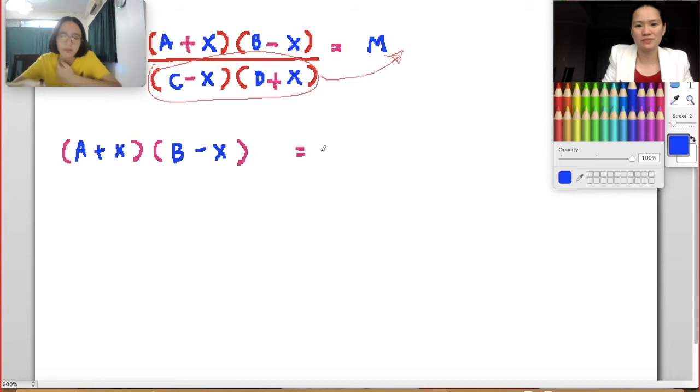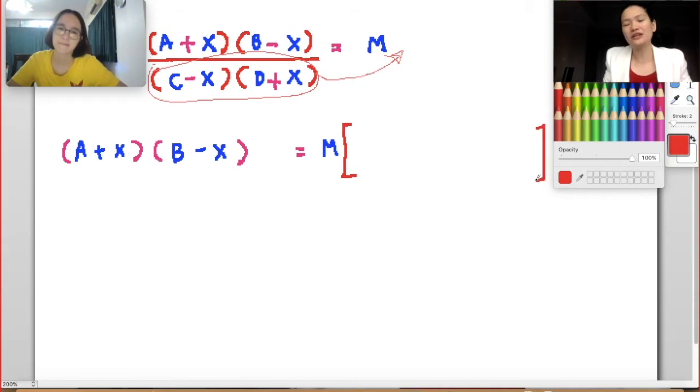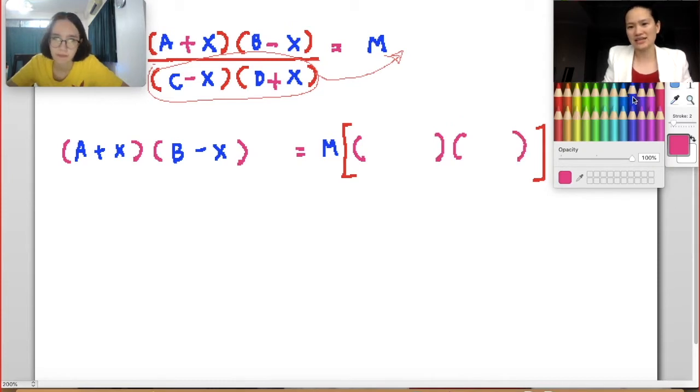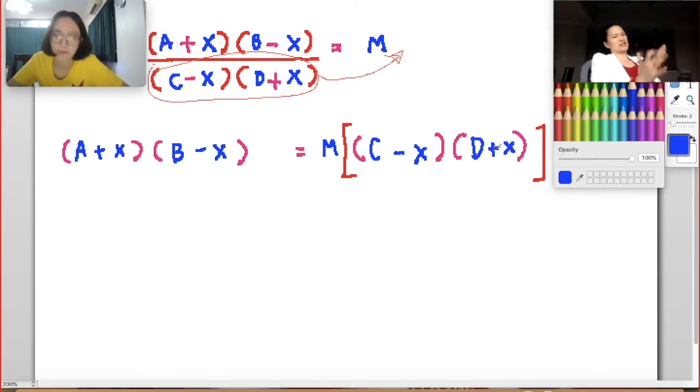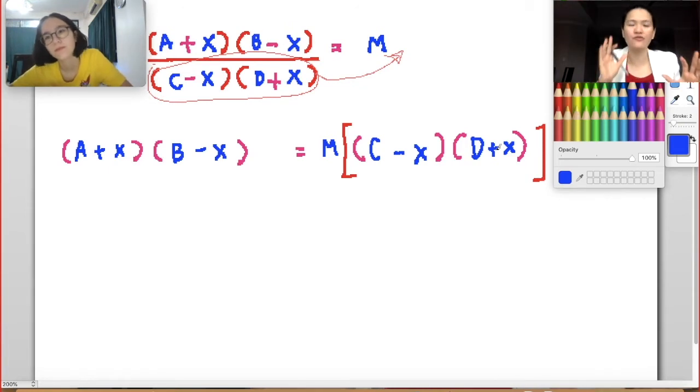So it turns to be m multiplied with all of this term, c minus x in the bracket multiplied with d plus x. The trick, you have to be careful about symbols like plus or minus. Be careful about this one.